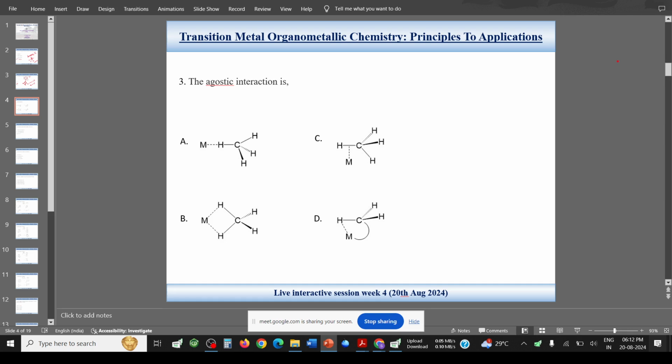The next question is about the agostic interaction. Here we have 4 figures A, B, C and D. Which figure represents the agostic interaction between the metal and the hydrogen?